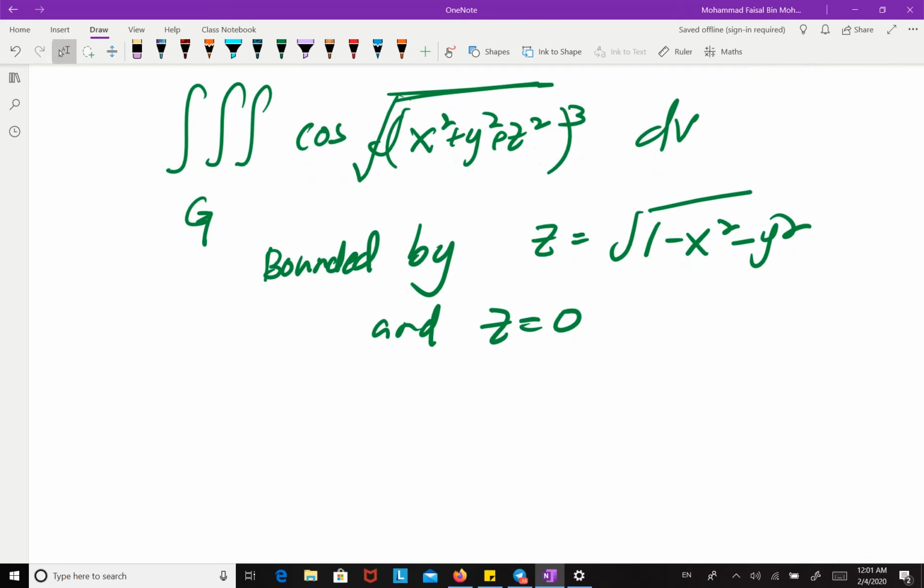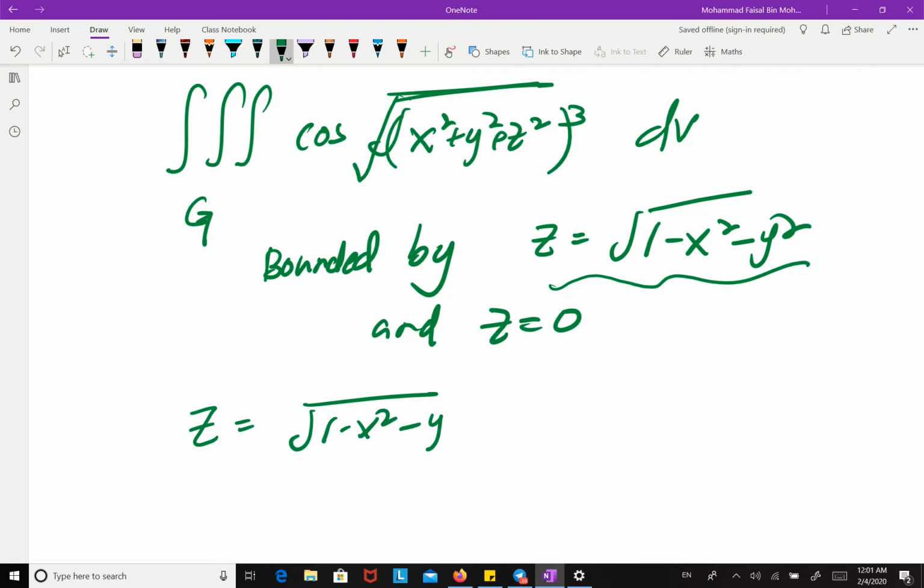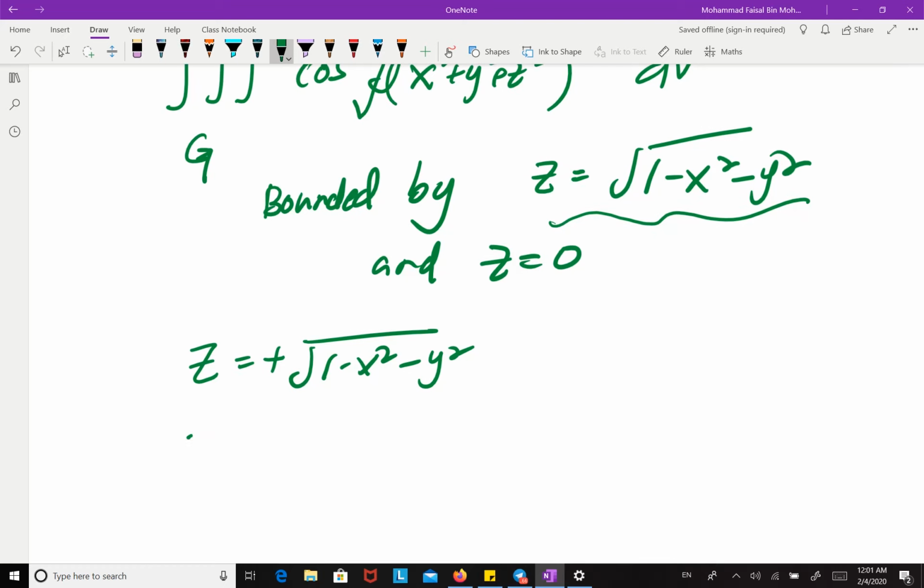From this you can square both sides. Remember, this is plus, which means you just consider the upper half sphere. So you get z squared equals 1 minus x squared minus y squared. If you rearrange, you will get x squared plus y squared plus z squared equals 1.